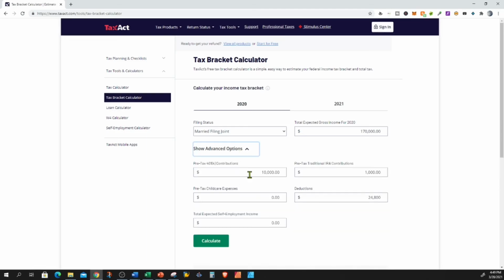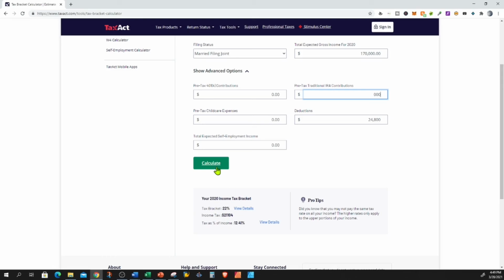So what was that before? Let me just remove those. Delete. So right now it's 21,000 and before it was 23,000. So as you can see, you put some more money in your 401k. There's a maximum limit for a 401k of 19,000, and for an IRA in 2020 it is 6,000.